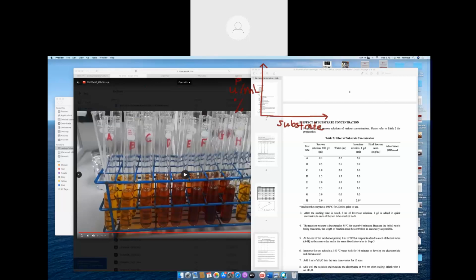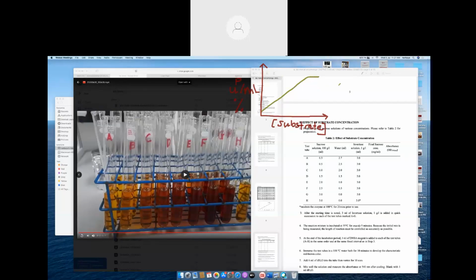So if we have the substrate concentration, the graph will be just like this.